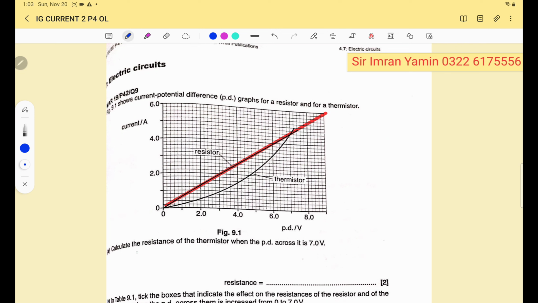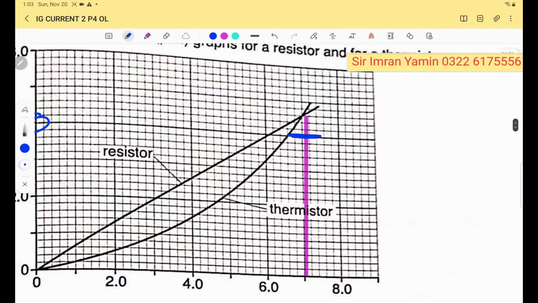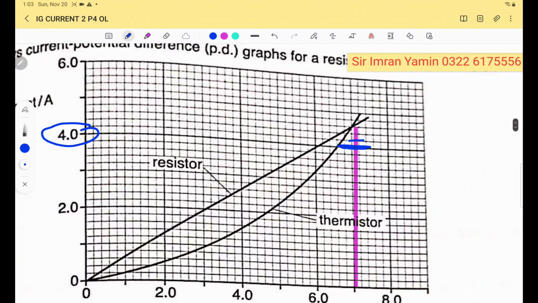The question is, calculate the resistance of the thermistor when the PD is 7 volt. This question is about the thermistor. The PD is 7 volt, and when the PD is 7 volt, what is the current? My line is not straight, so this value is 4, so I think it is 4.2, 4.4, and it is 4.6.